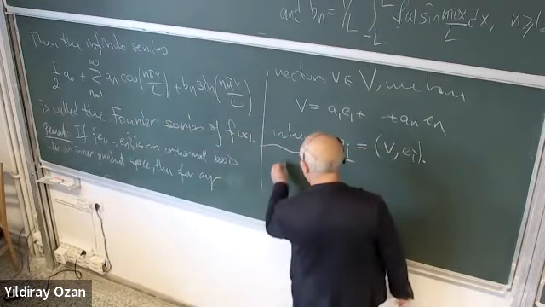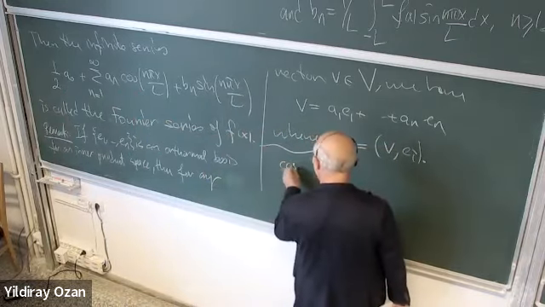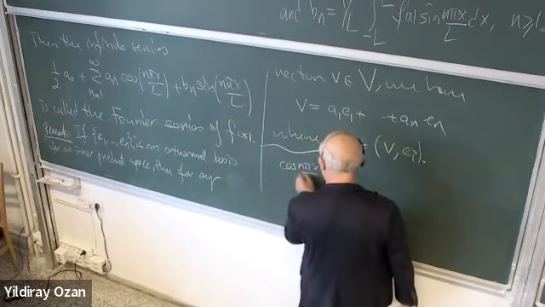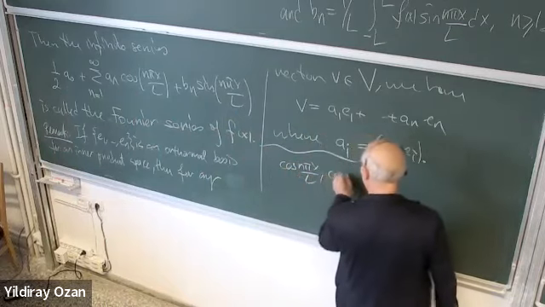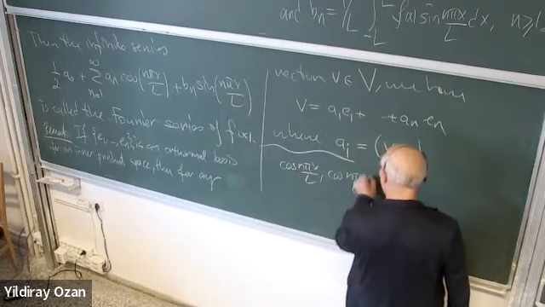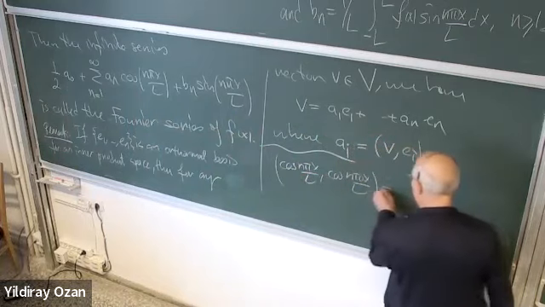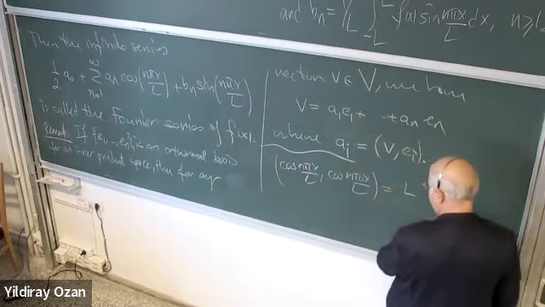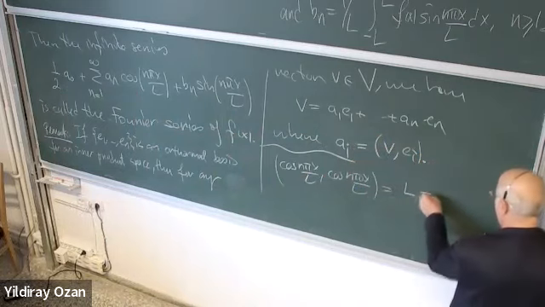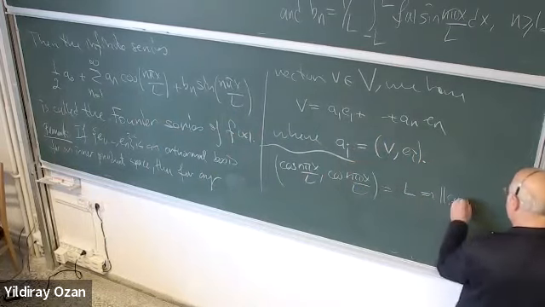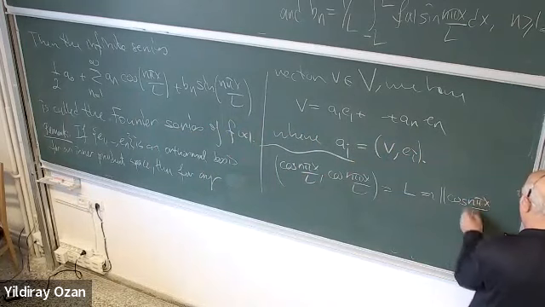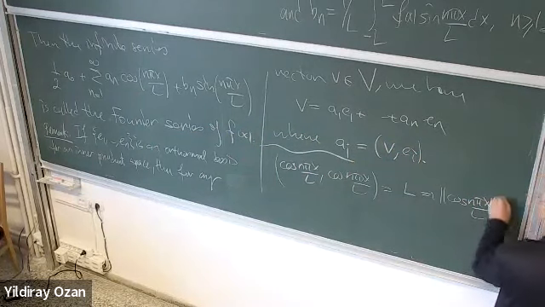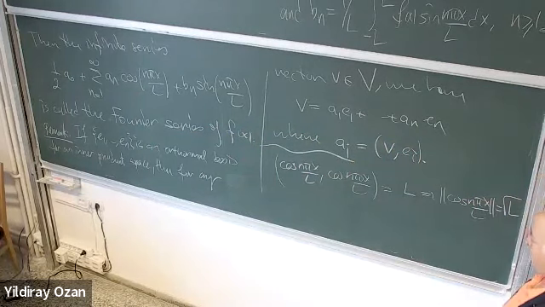Inner product of cosine n pi x over L with cosine n pi x over L. This was L. Therefore, norm of cosine n pi x over L is just square root of L. Okay?